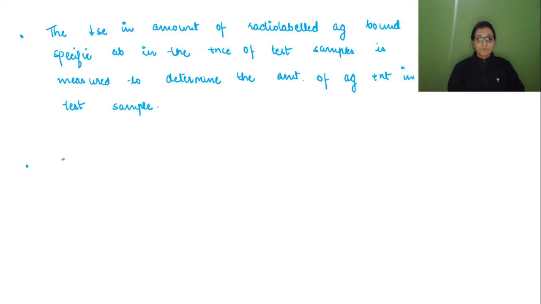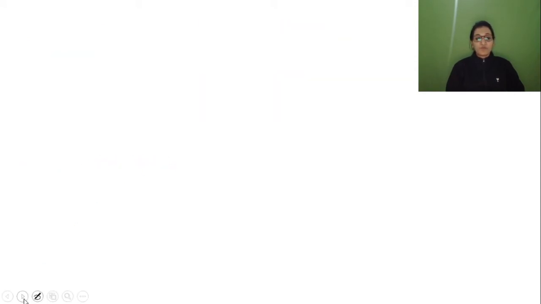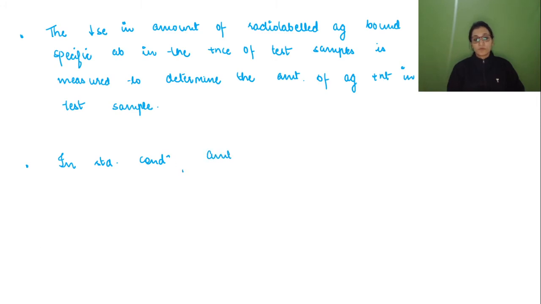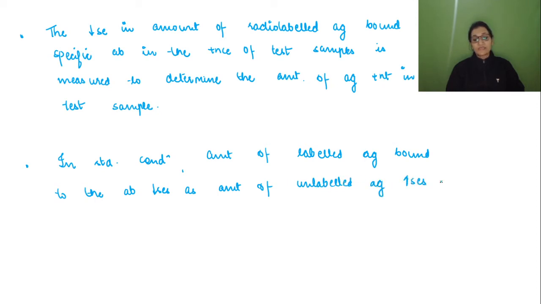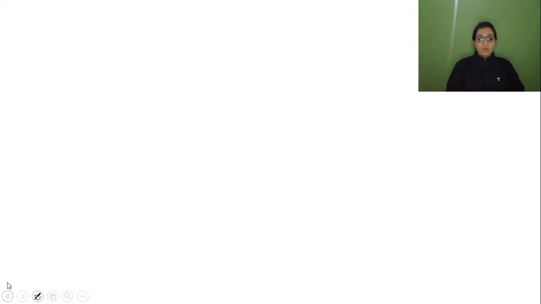So in a standard condition, the amount of labeled antigen bound to the antibody decreases as the amount of unlabeled antigen increases in the sample. So this is how it occurs.